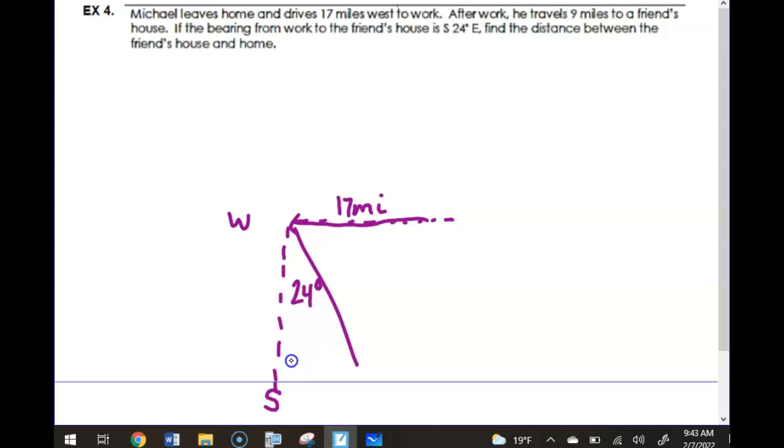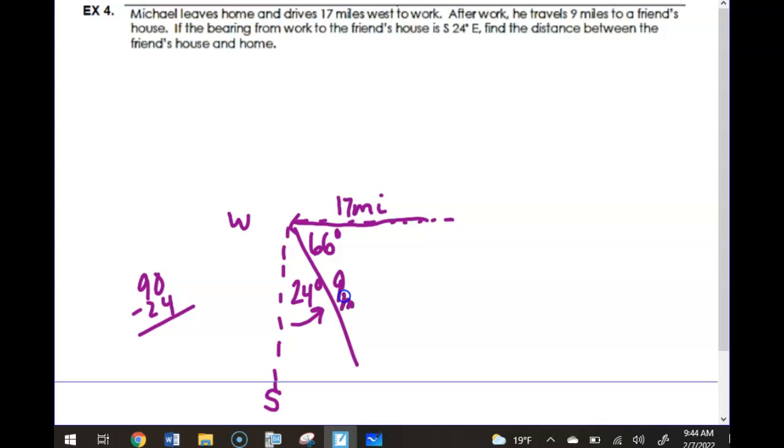Now, what do you know about the angle between south and west? It's a 90, yes? West and south would make a 90 here. So if he's 24 towards the east, the angle in here would be 90 minus 24, 66. Now it says he travels 9 miles to a friend's house.